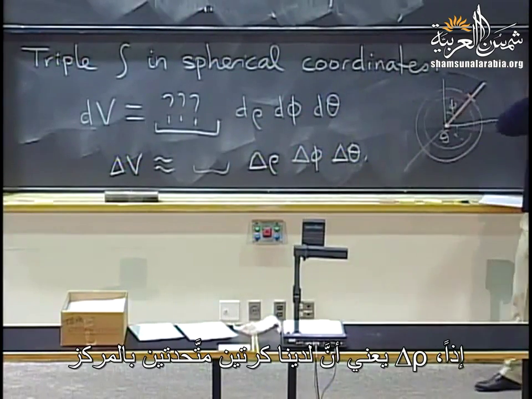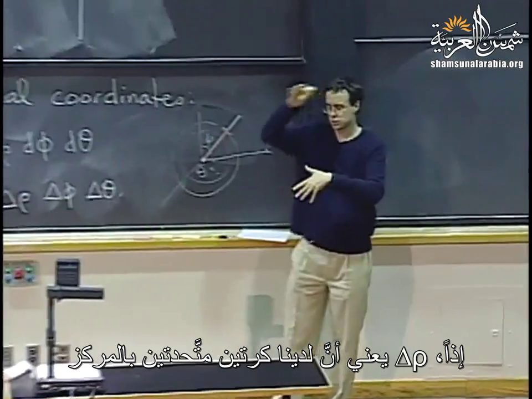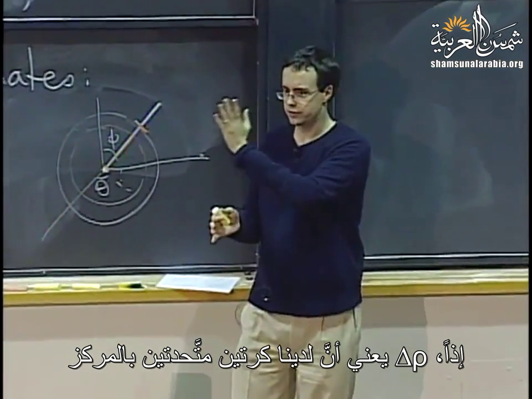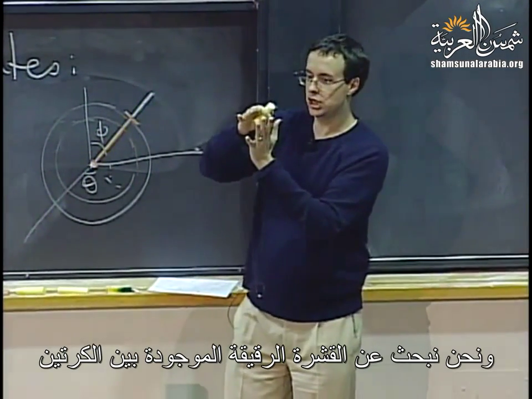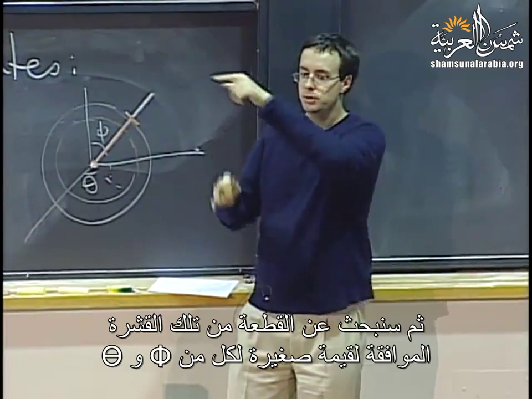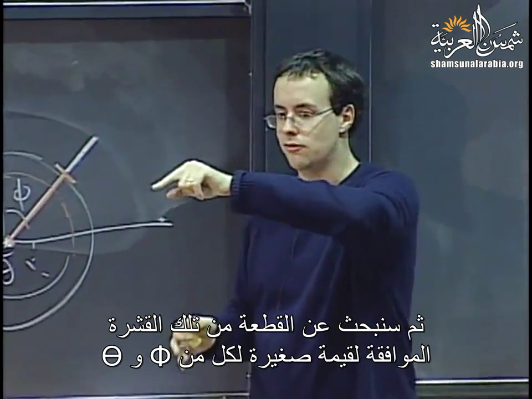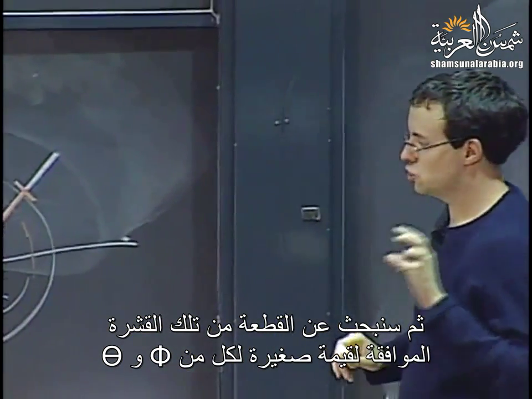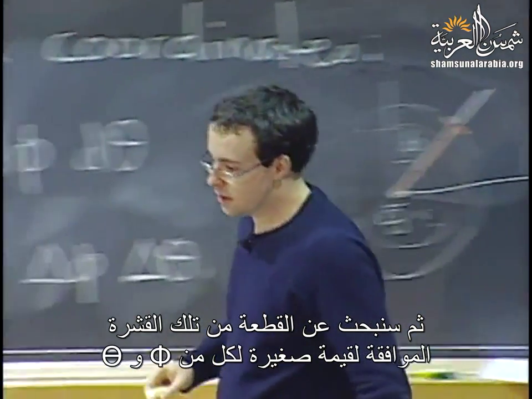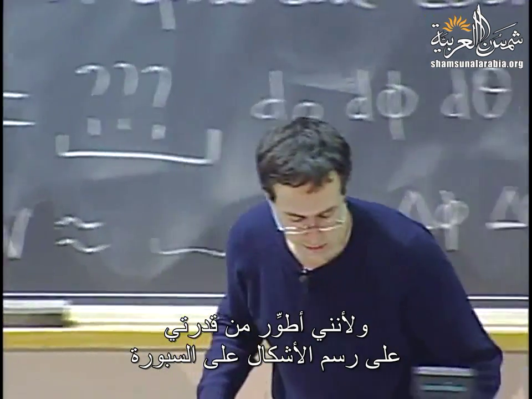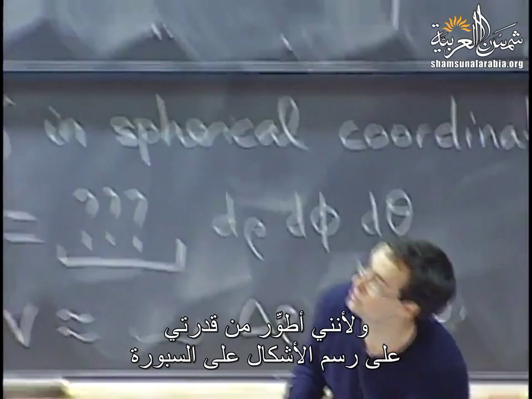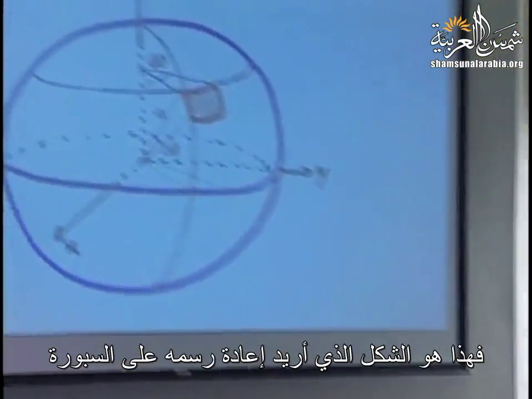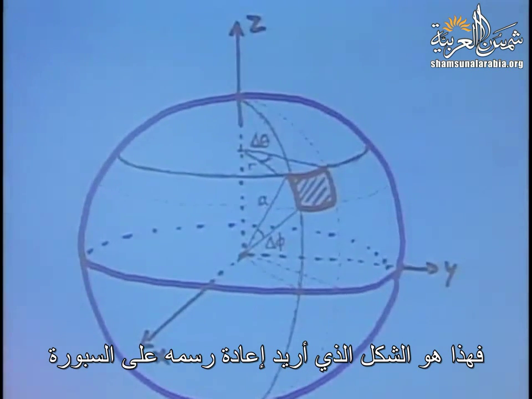So delta rho means that you have two concentric spheres, and you're looking at a very thin shell in between them. And then you'll be looking at a piece of that spherical shell corresponding to small values of phi and theta. Because I'm stretching the limits of my ability to draw on the board, I'm going to try to reproduce that picture on the board.